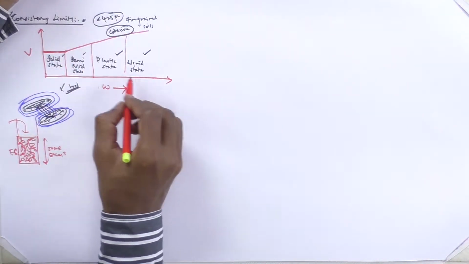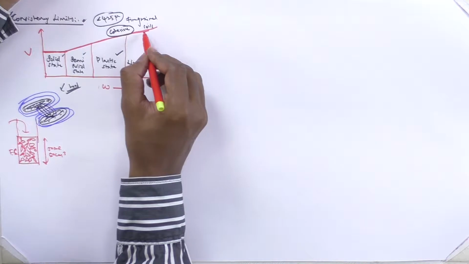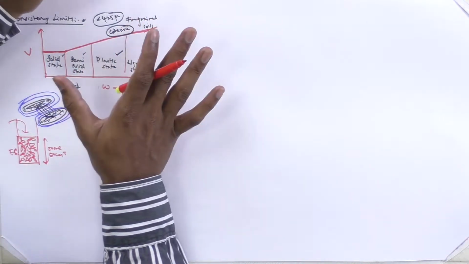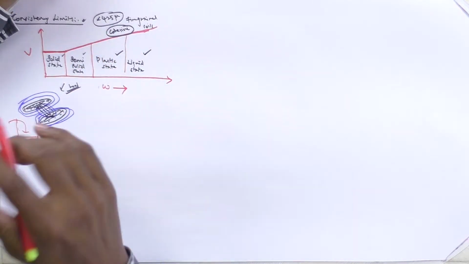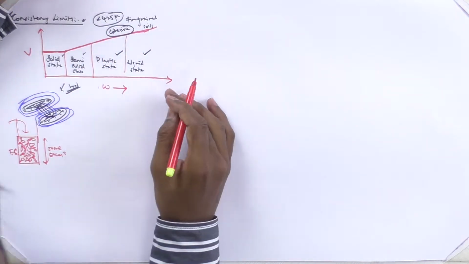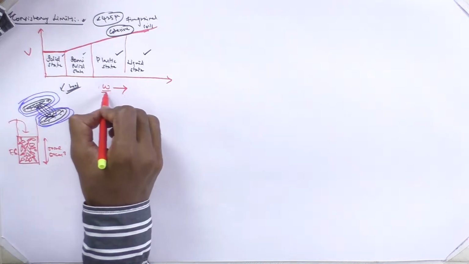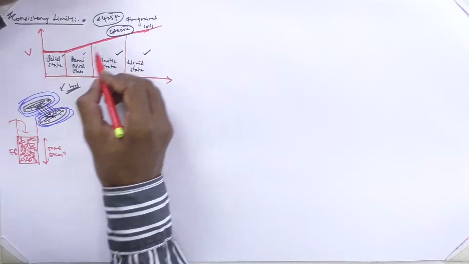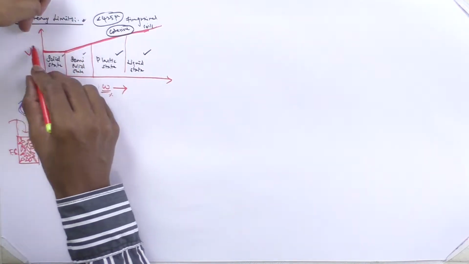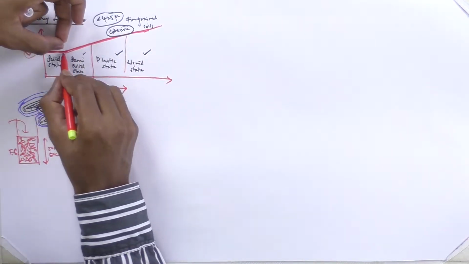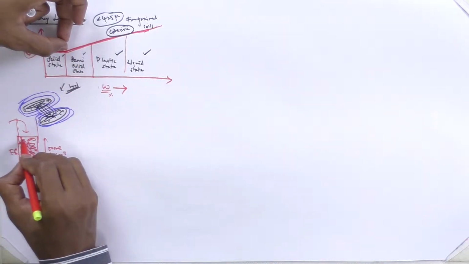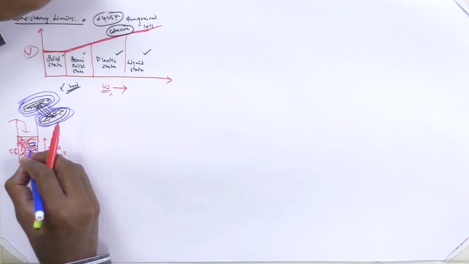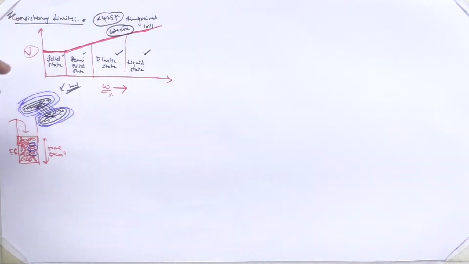Further addition of water will keep increasing the volume. In the case of sand, if you add water, the water will go above the solids. If you add water to clay soil, the volume also increases.